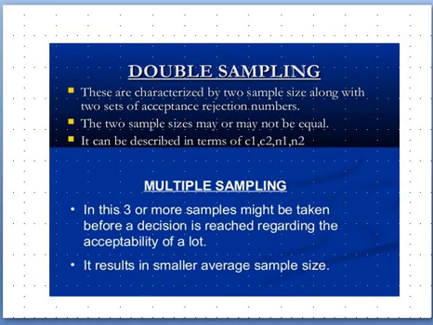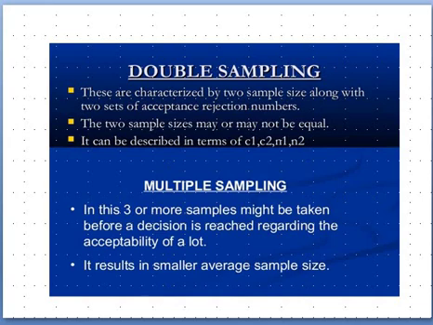Double sampling plan. In the case of the double sampling plan, the acceptance as well as the rejection of a lot depends upon two numbers, C1 as well as C2. These are characterized by two sample sizes along with two sets of acceptance and rejection numbers. The two sample sizes may or may not be equal.